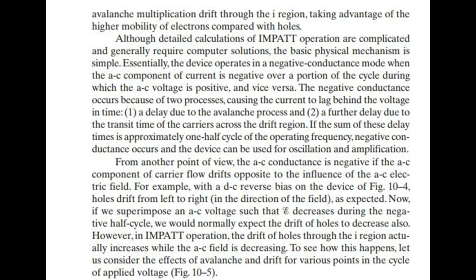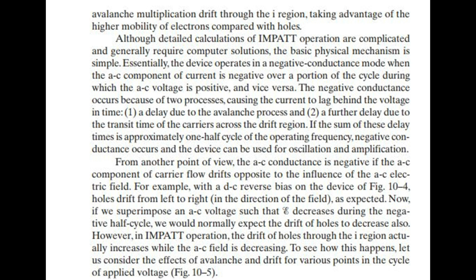Although detailed calculations of IMPATT operation are complicated and generally require computer solutions, the basic physical mechanism is simple. Essentially, the device operates in a negative conductance mode when the AC component of current is negative over a portion of the cycle during which the AC voltage is positive, and vice versa.